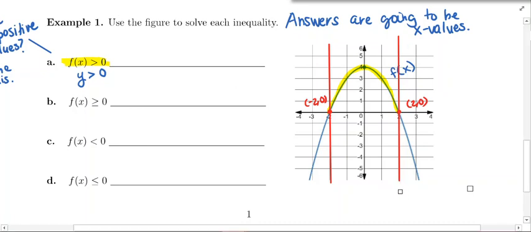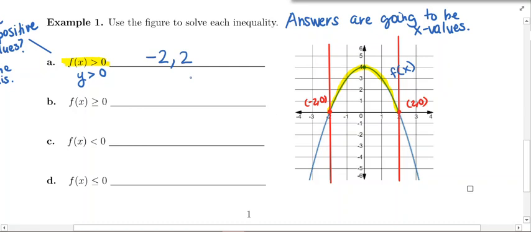If you look at this, the parabola is above the x-axis in between these two x-intercepts. So the answer here is, we have positive y values, meaning the parabola is above the x-axis, between the x values of -2 and +2.